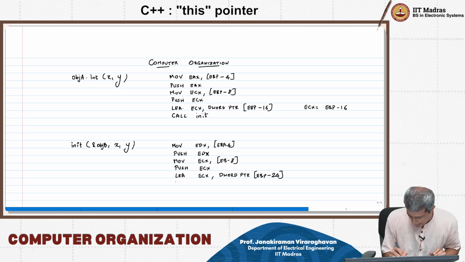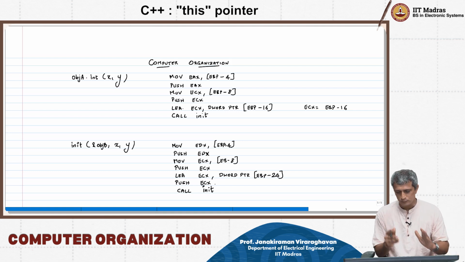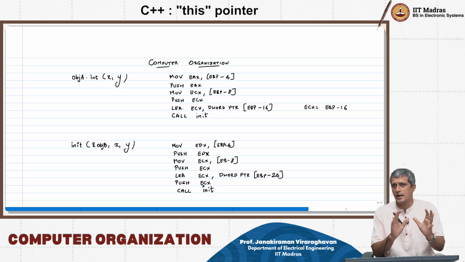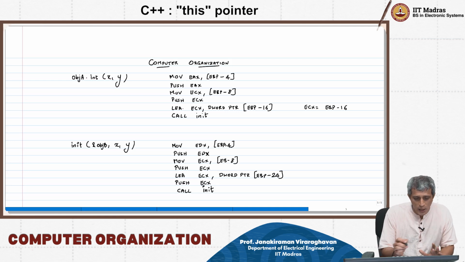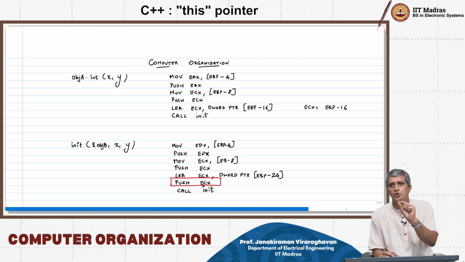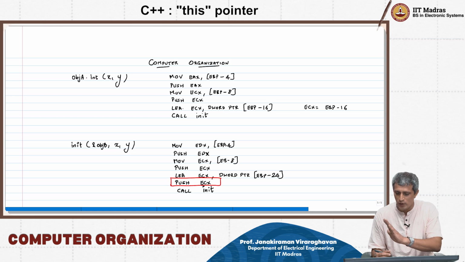Okay, and now you are doing push ecx and then call init. So if you look at these two function calls, with very similar structure and classes, the only difference happens to be this particular instruction. You are pushing ecx onto stack, you are doing the lea, right?